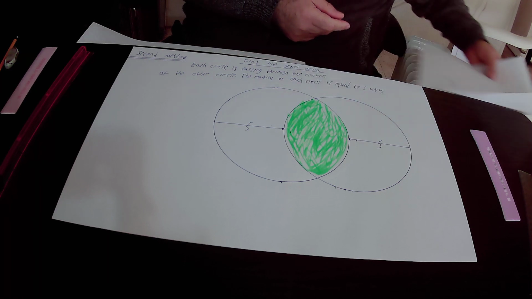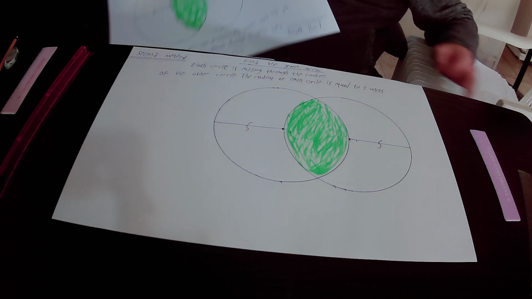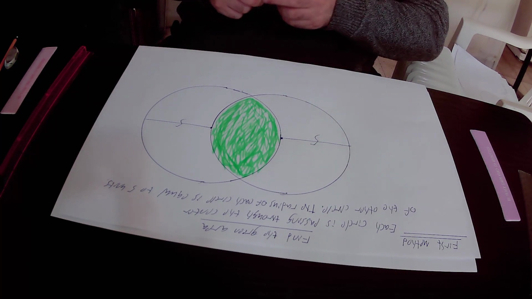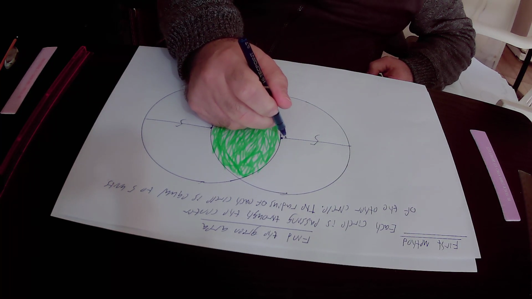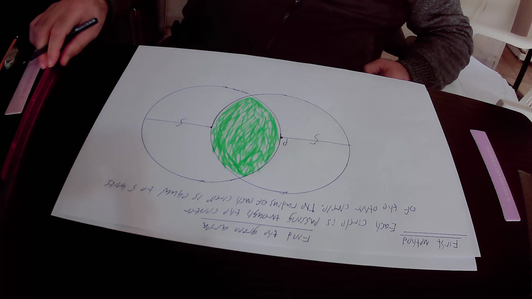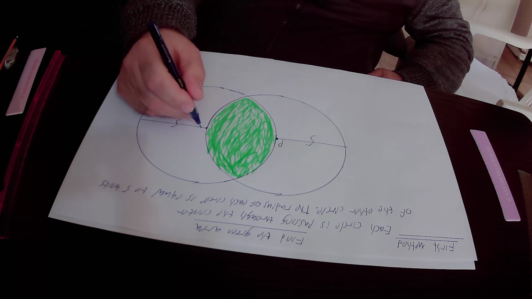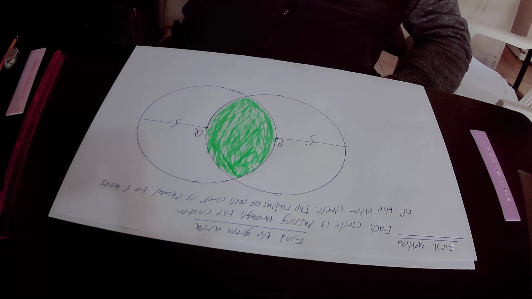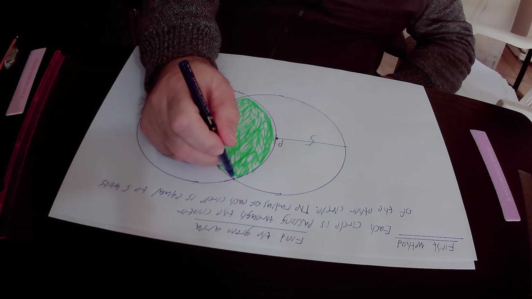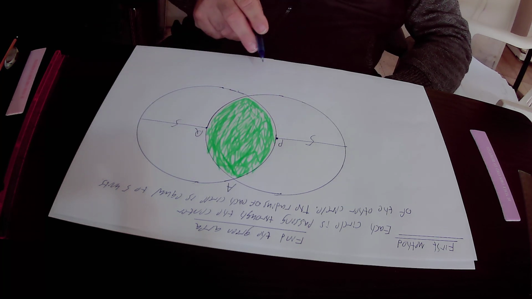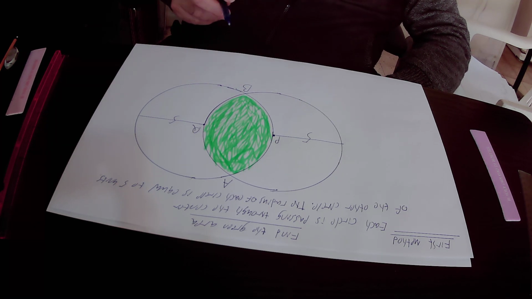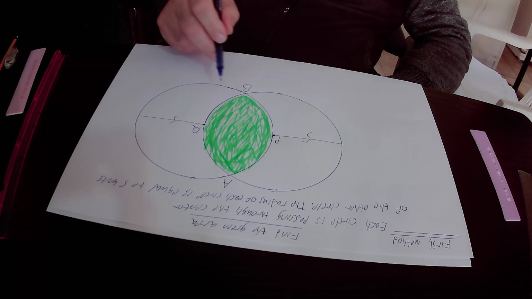So we will define the center of this circle as point P. This point is the center of this circle, and we will define it as point P. We will define the center of this circle as point Q. We will define the first intersection point between those two circles as point A, and we will define the second intersection point between those two circles as point B. Here we know that the radius of each circle is equal to 5 units.